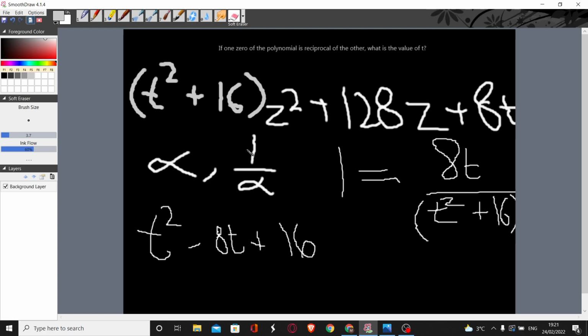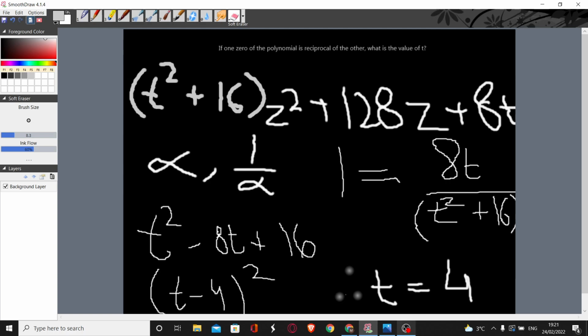Through the sum and product rule, minus 4 times minus 4 is 16, and the sum of minus 4 and minus 4 is minus 8, so we can write this as (t minus 4) the whole squared. So that means that t is equivalent to 4.